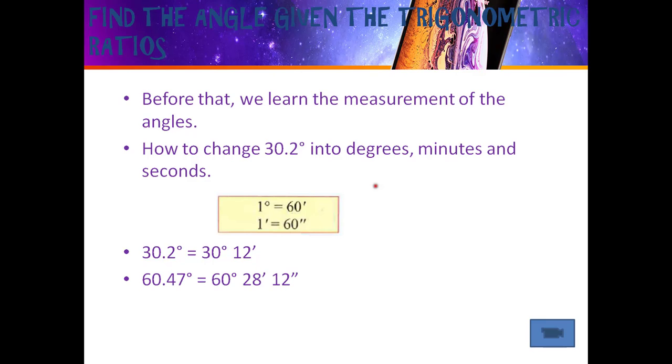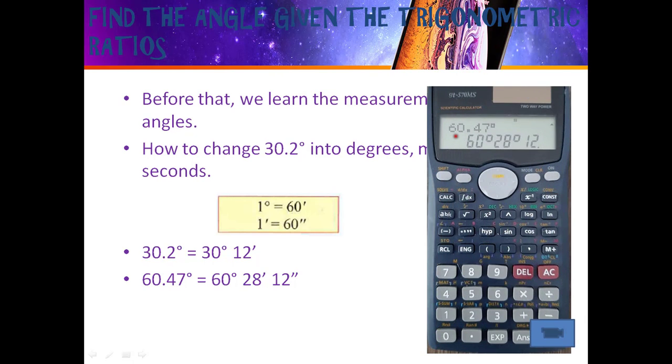Next, what about 30.47? 60.47 degrees is equivalent to 60 degrees 28 minutes. Note that our calculator doesn't have the symbol for minutes and seconds, so this one is 60 degrees 28 minutes and 12 seconds. When you want to answer, please use the symbols noted.